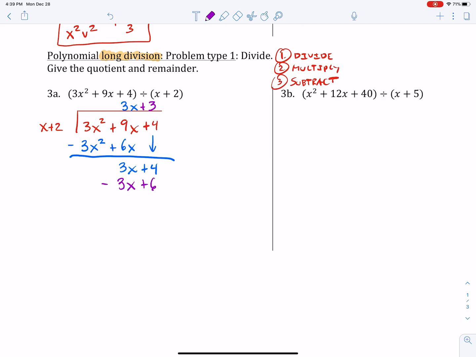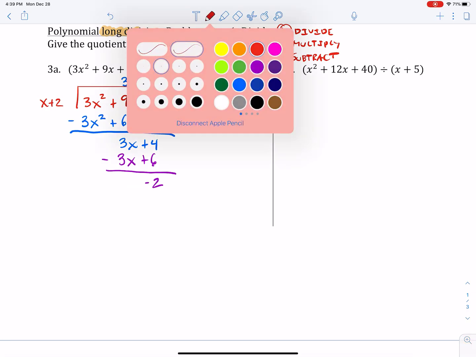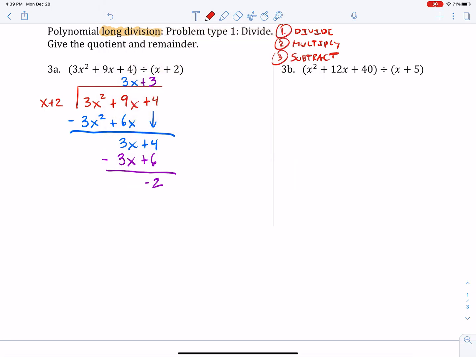Subtraction is my last step. 3x minus 3x is 0. 4 minus 6 is negative 2. So there's nothing further we can do, so we have a remainder of negative 2.